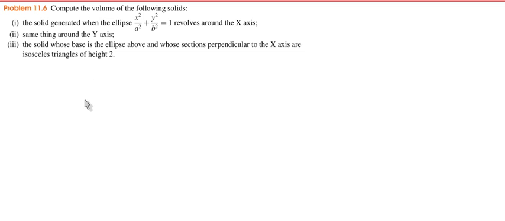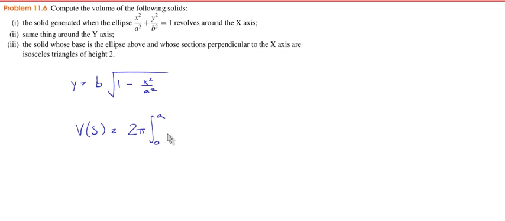The same thing on the y-axis: we again have y is b times the square root of 1 minus x squared over a squared, and now the volume is 2 times this integral between, in this case again, 0 and a.